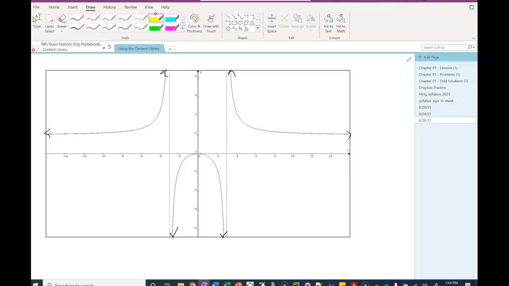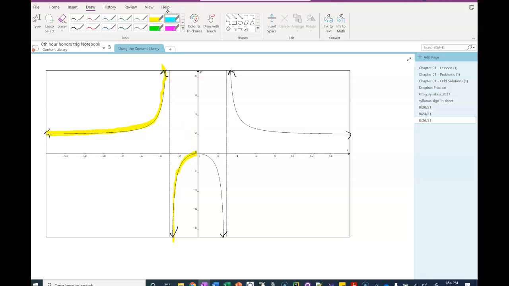So take a look at the graph. How many sections of the graph are increasing? You should see 2, right? If we look at this section, we're going uphill the whole time till we hit that asymptote. And then after the asymptote, we're going all the way uphill till we get to 0.